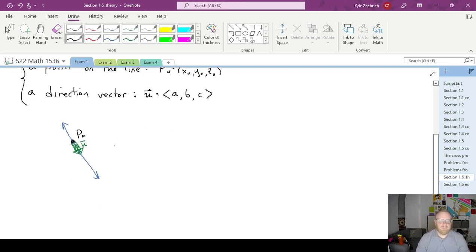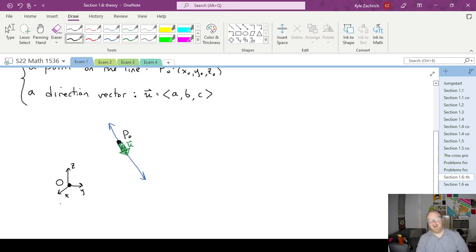Okay. So, if I want to define a point on the line, here's my strategy here. I need to add up some vectors. So I'm going to give myself a miniature x, y, and z axis. So I can say here's the origin.